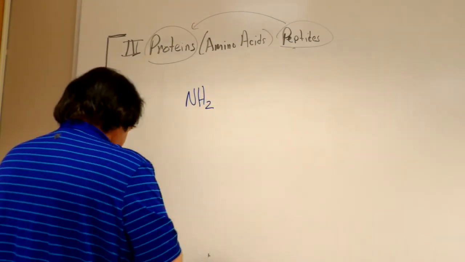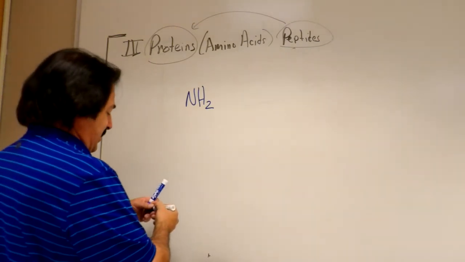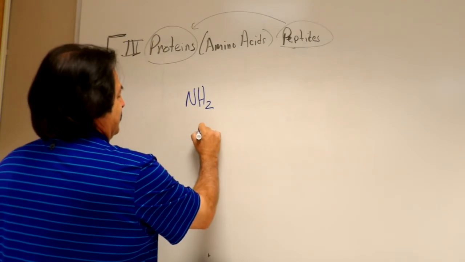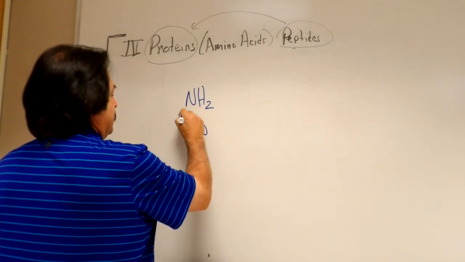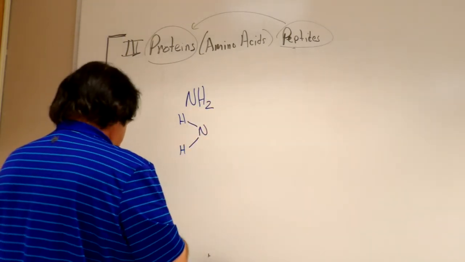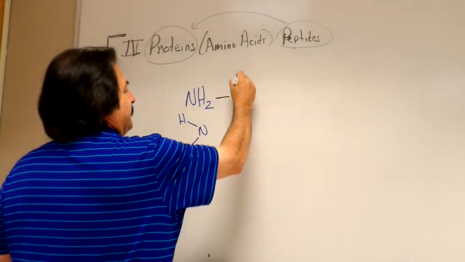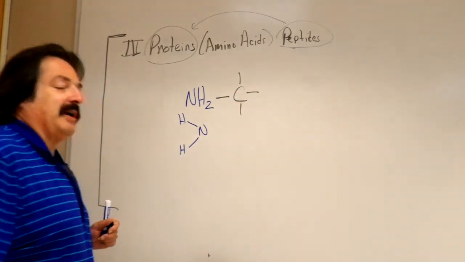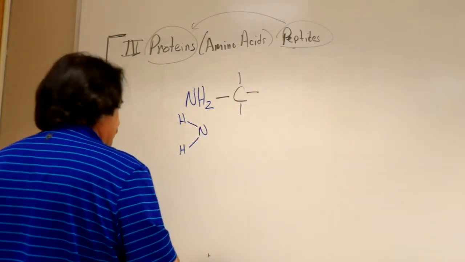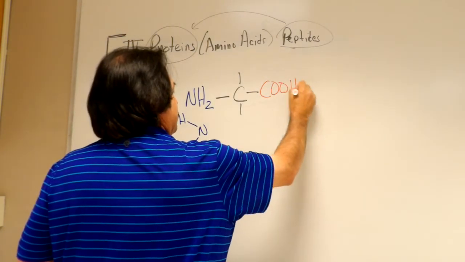NH2. Our amine group, one nitrogen, two hydrogens. So that would look something like this. A single nitrogen with two hydrogens, with a central carbon. Now, as soon as you get that carbon, you have to draw 4 bonds around it. And we get our acid group, COOH.